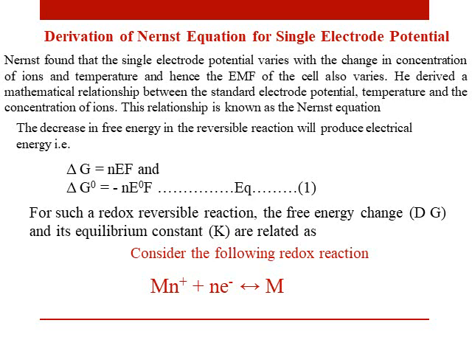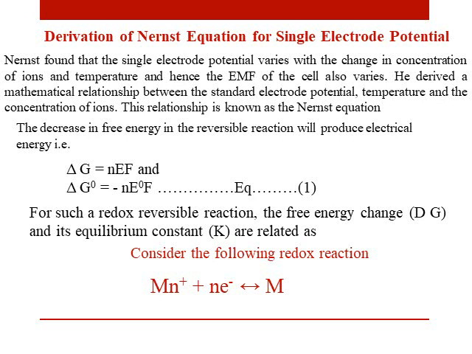The decrease in the free energy of a reversible reaction is given by delta G equal to minus NFE. Under standard conditions of temperature and pressure, delta G naught is equal to minus NFE naught. Make it equation 1. For such a reversible redox reaction, the free energy delta G and its equilibrium constant K are related.